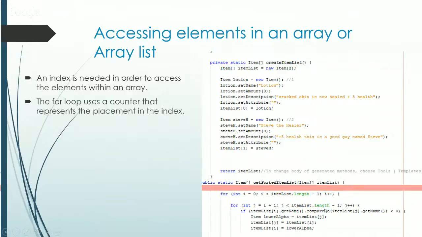And basically the compareTo function here evaluates the string values of both those elements and decides which one is alphabetized correctly, or which one is of lesser or greater value alphabetically. If I is less than j, it will return a 1.